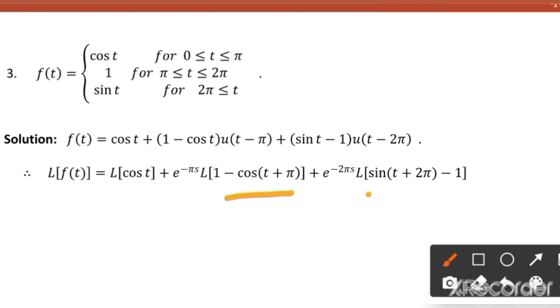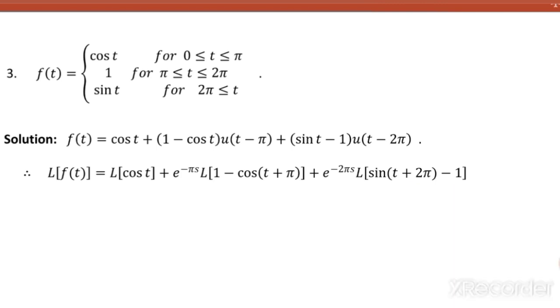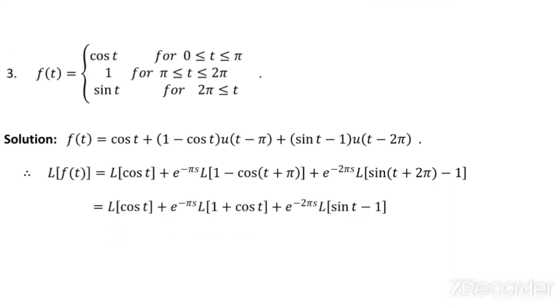So the third term is e power minus 2 pi s sin of t plus 2 pi minus 1. What is sine of 2 pi plus t? That is sine t only. So we get finally Laplace transform of cos t plus e power minus pi s into Laplace transform of 1 plus cos t plus e power minus 2 pi s Laplace transform of sine t minus 1.